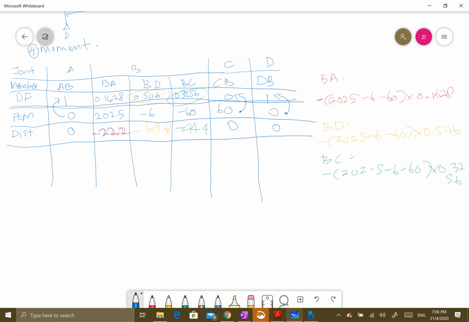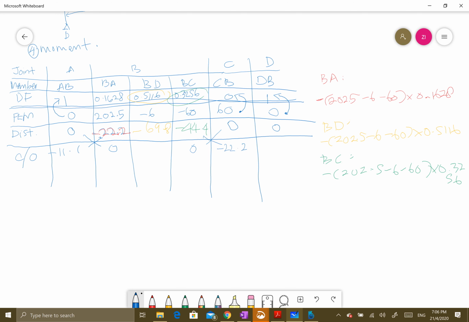So after you distribute, you carry over. So how do you carry over? A to B is 0. B to A is negative 11.1. And then now you see C to B is 0, and B to C is negative 22.2.